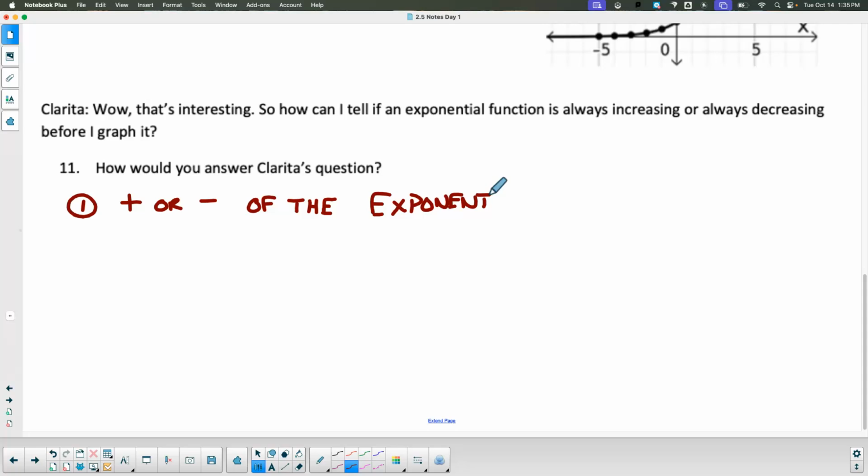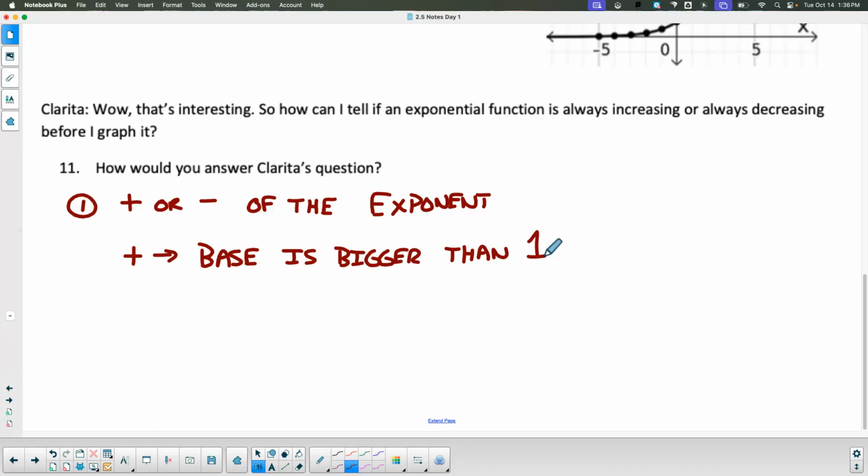If the exponent is positive, then the base that the exponent is on has to be bigger than 1. So if it's positive x in your exponent, the base that that exponent is on has to be bigger than 1 for it to be growth.